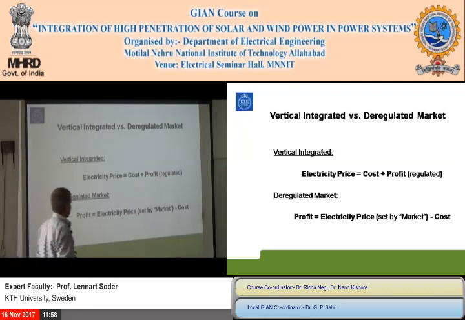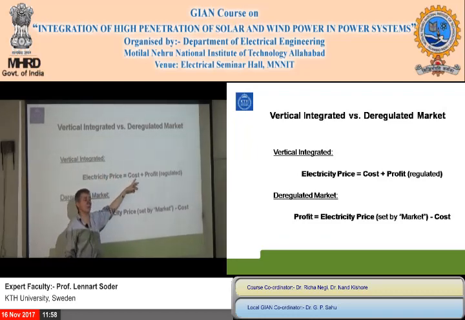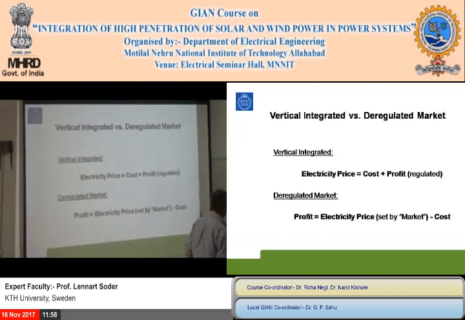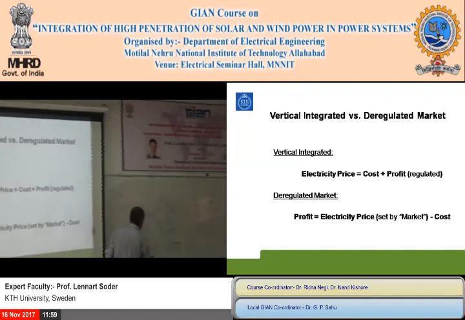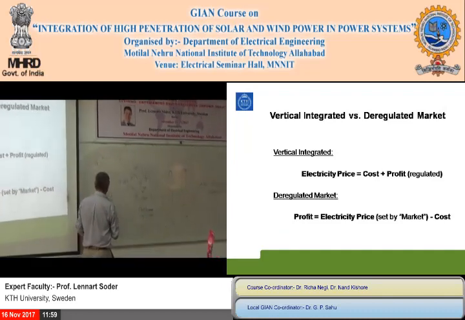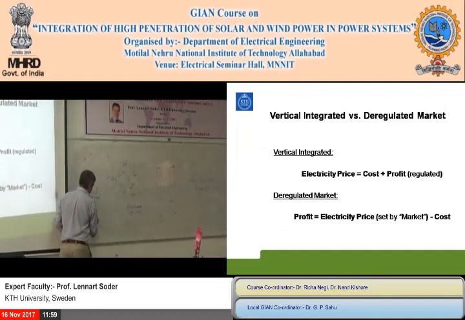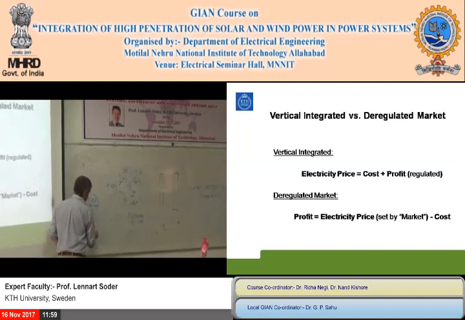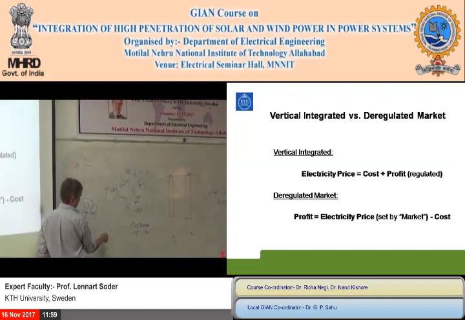In the deregulated market, the problem here is the following. Why should the company keep down the cost? That is one of the big problems in this vertically regulated market. For example, in Sweden earlier, you had a distribution company here. They are buying power here, they have a transformer here, and then they are sending power to the consumers.